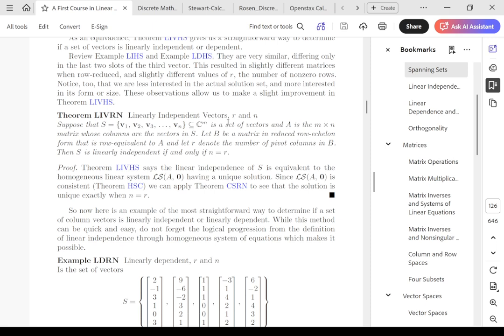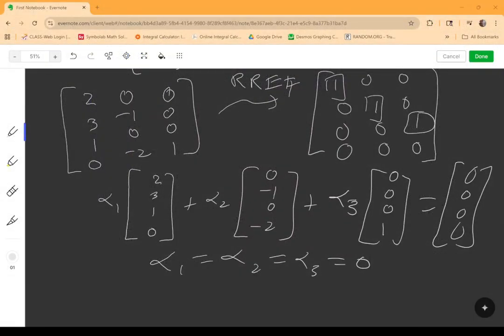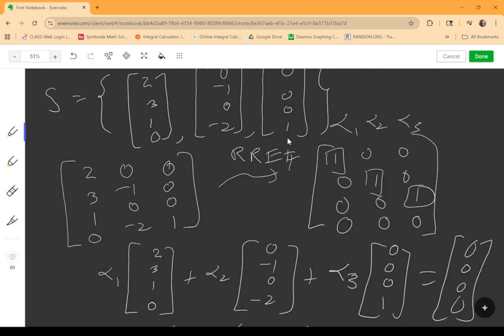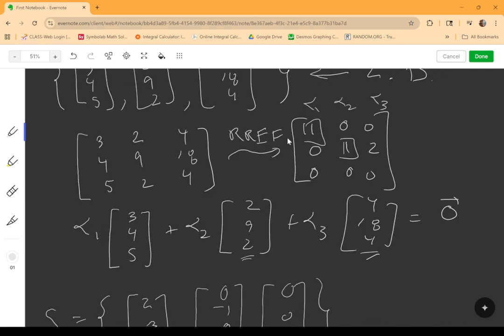So, toggling back here to my examples. We saw in our first example we had three vectors, so N was 3, and here R was 2.